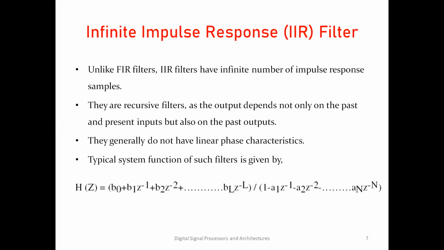That is, in addition to present and past inputs, the output depends on past outputs also. We write the expression in terms of the transfer function of the filter, so we represent it in the Z transform domain. This includes both the coefficients bk and ak.